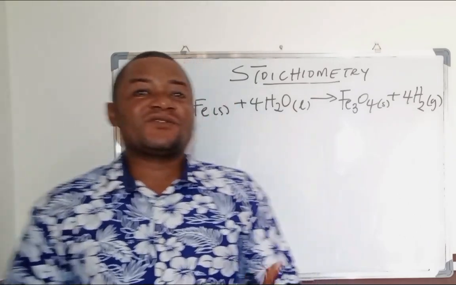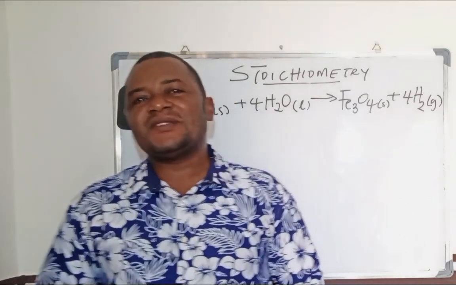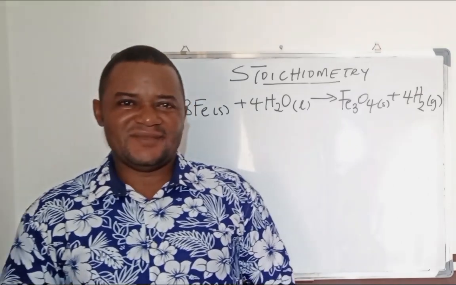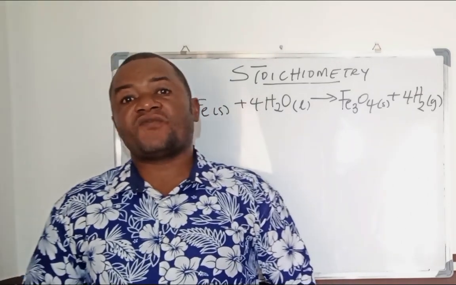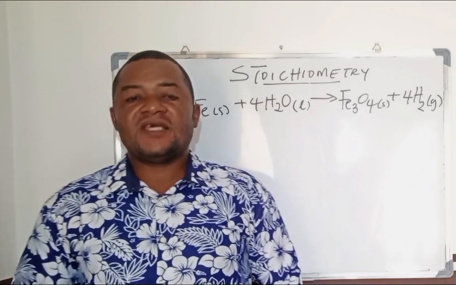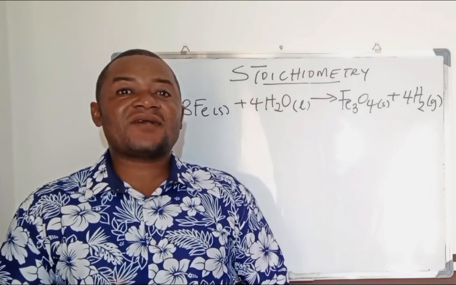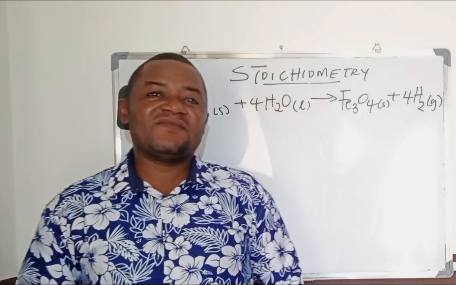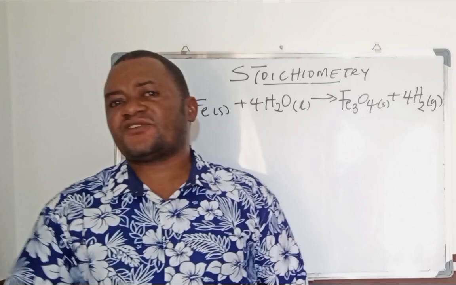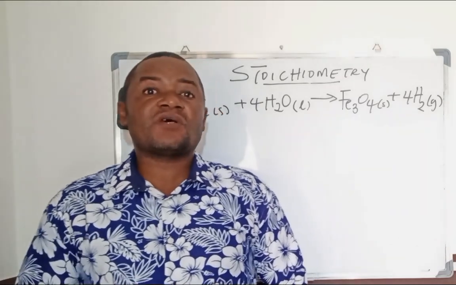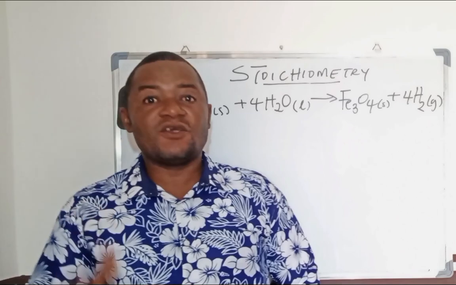where it is actually applied. Now I want us to know that stoichiometry can simply be put in terms of amount. When you say stoichiometry of a particular reaction, it means you are trying to look for an amount of reactant that gives you an amount of product in a balanced chemical reaction. That means you cannot talk about stoichiometry without talking about a balanced chemical equation.